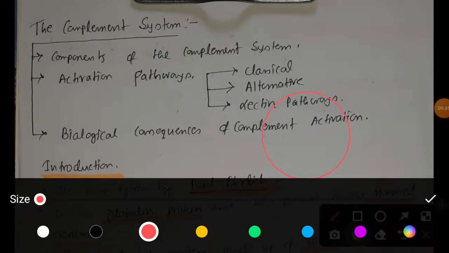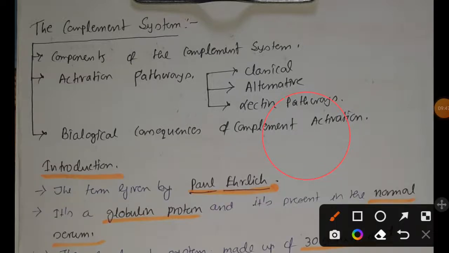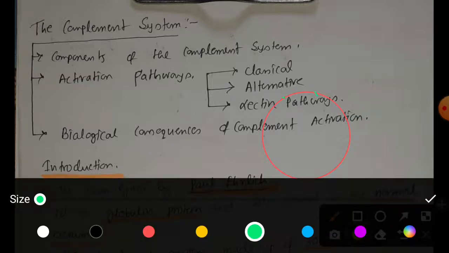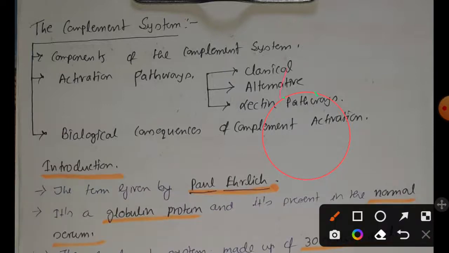I have already told you that whenever an antibody reacts with antigens via its FAB portion, the complement will bind with the FC portion of the antibody and lyse the cell, right?